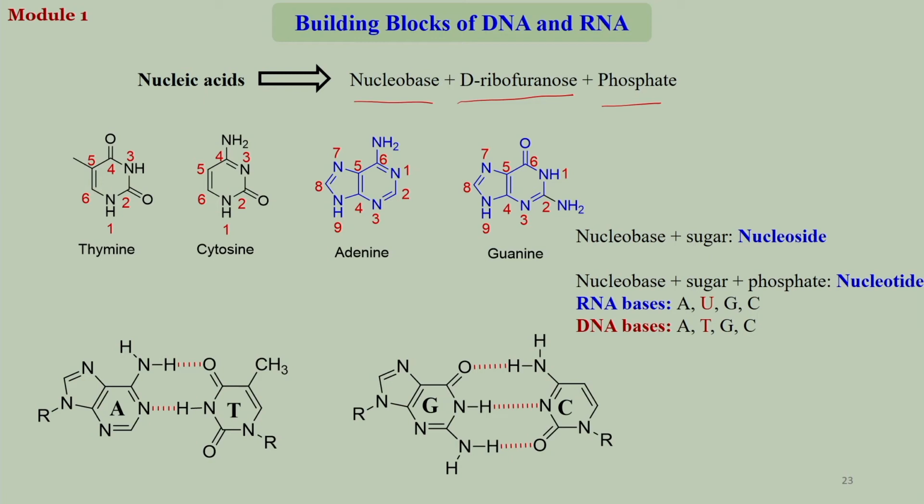These are the 4 nucleobases that are present in DNA: thymine, cytosine, adenine and guanine. Thymine and cytosine are present in DNA; RNA has a different one, which I will mention briefly later. If you look at the structures of thymine and cytosine, both of them have 6-membered rings, and both have this pattern: 2 nitrogen atoms present in the 1,3 positions.